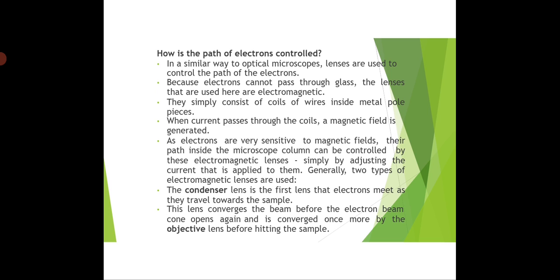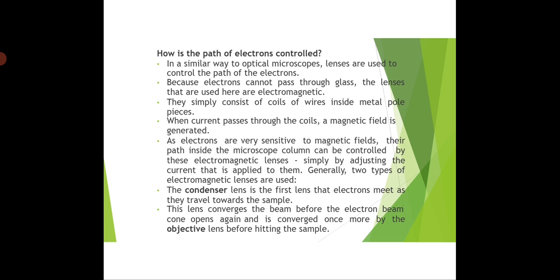When electrons pass through a column, how is their path controlled? In light microscope, which is also called optical microscope, we use glass lenses to control the path of photons. But electrons can't pass through glass. The lenses that are used here are electromagnetic.